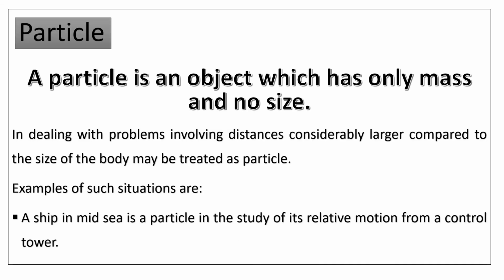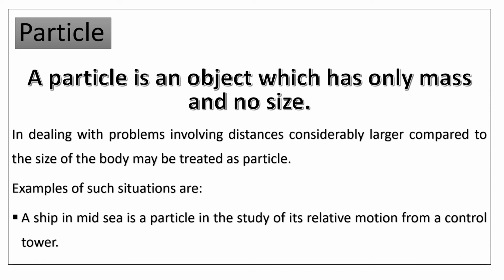The first definition we have to discuss is the particle, and afterwards we will discuss a system of particles. A particle is an object which has only mass and no size. In dealing with problems involving distances considerably large compared to the size of the body, the body may be treated as a particle.